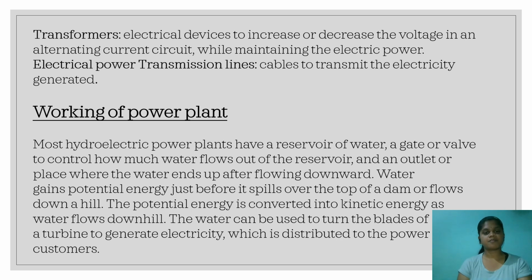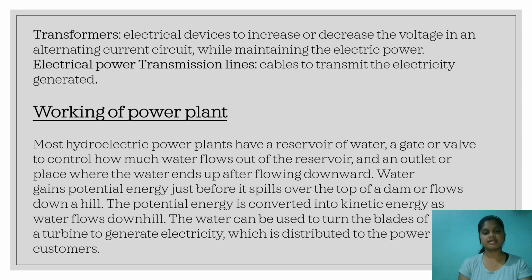Working of power plant. Most hydroelectric power plants have a reservoir of water, a gate or a valve to control how much water flows out of the reservoir, and an outlet or place where the water ends up after flowing downwards. Water gains potential energy just before it spills over the top of a dam or flows down a hill.